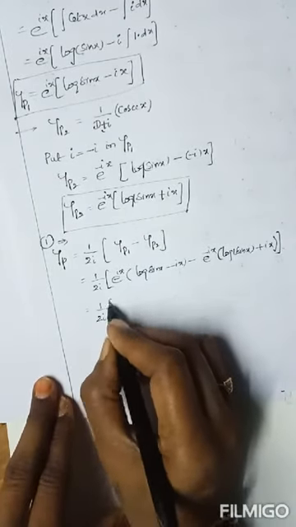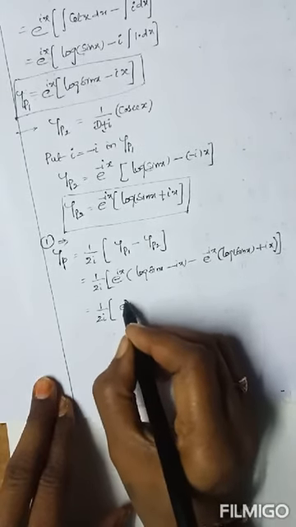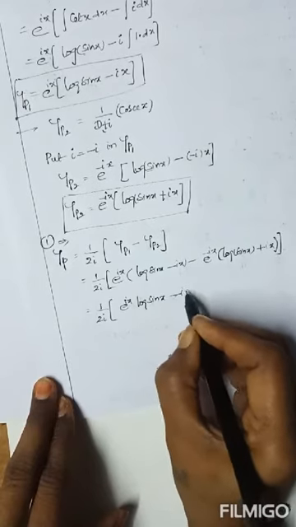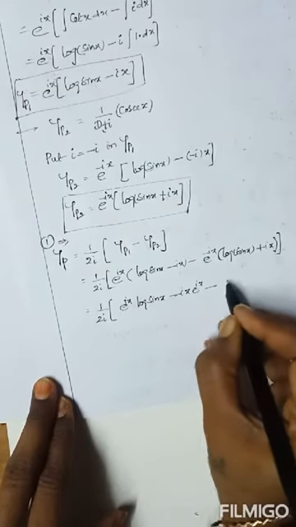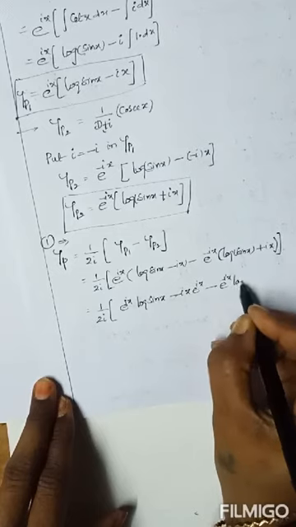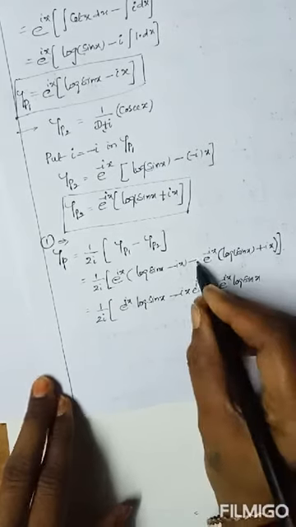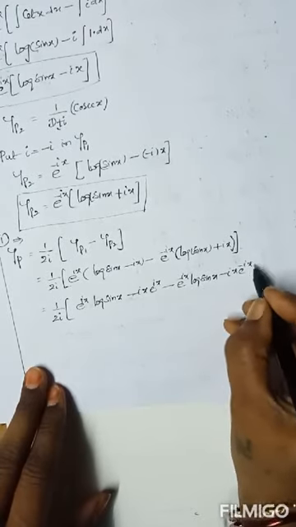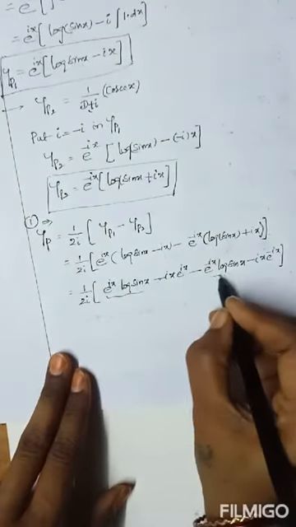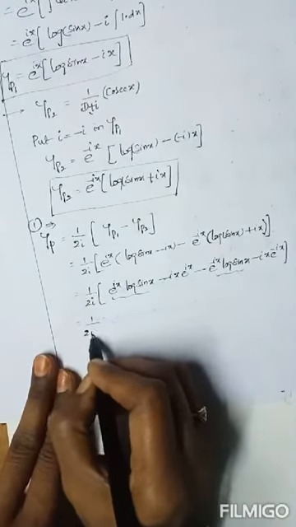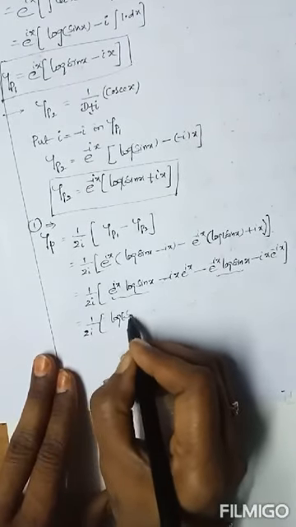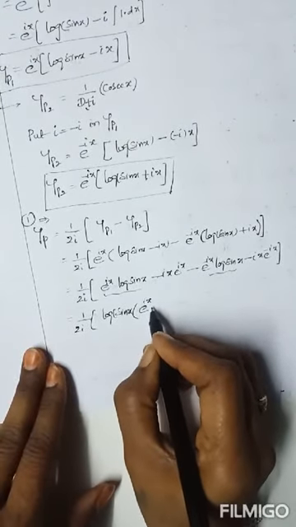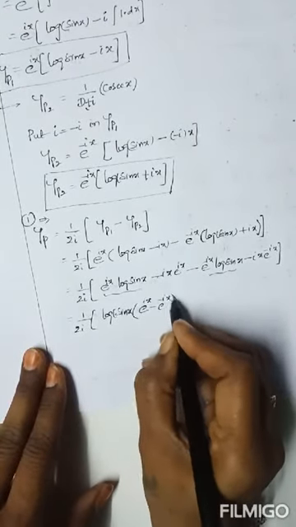Simplification. From these two, e power ix into the first term, minus ix into e power ix, and e power minus ix into the first term, and before the negative sign, minus ix into e power minus ix. Now from these two, take 1 by 2i log of sin x as common, e to the power of ix minus e to the power of minus ix.